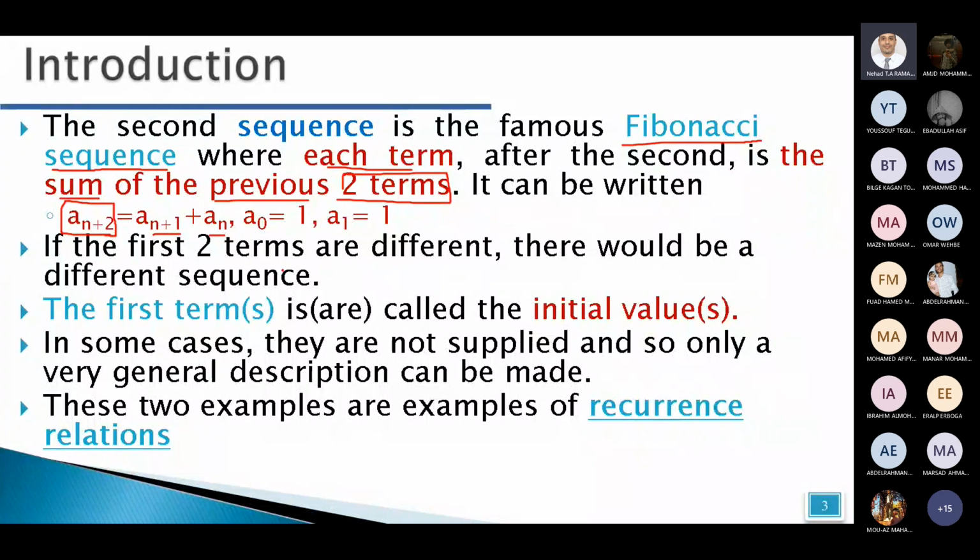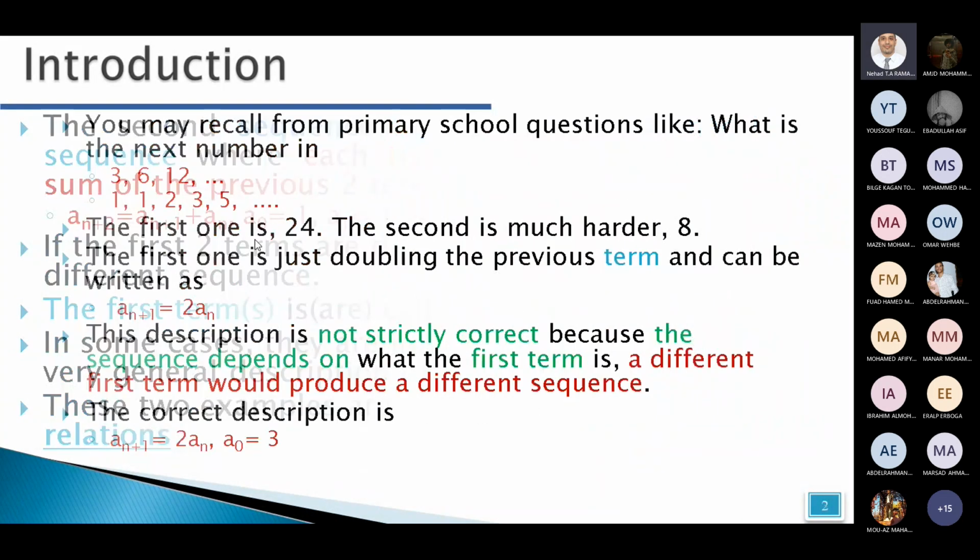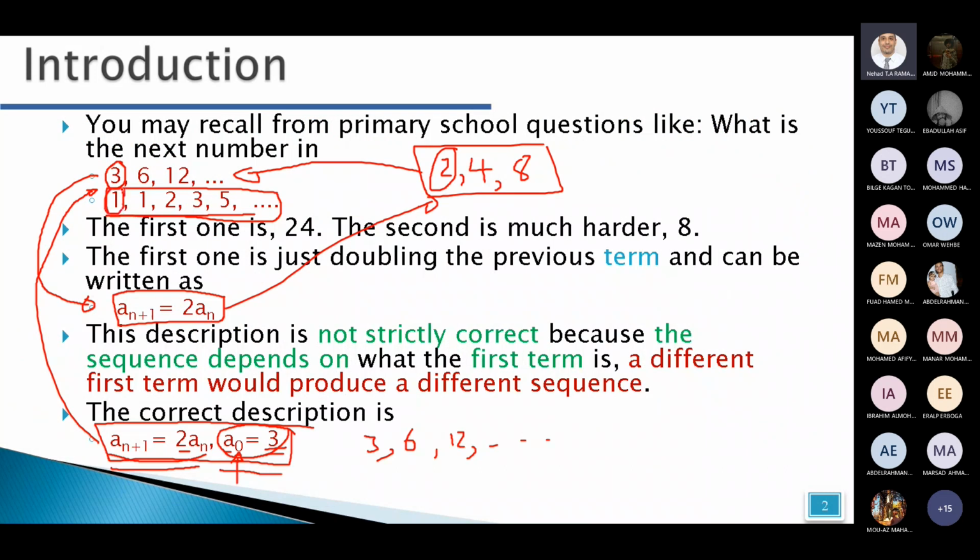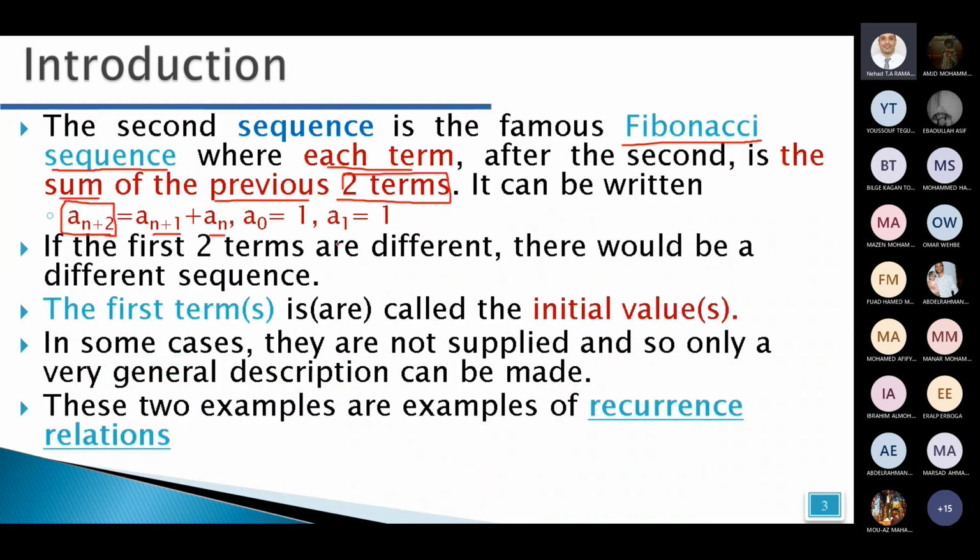But to complete it, the first two terms must be known: a naught equals 1 and a1 equals 1. So this is a full description of the Fibonacci sequence.